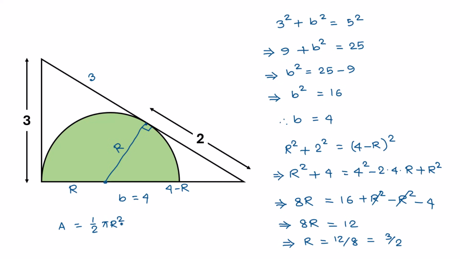Pi r squared is the area of the total circle, as this is a semicircle, so this half is equal to, substitute the value of r equal to 3 over 2 here, we can write 1 over 2 times pi times (3 over 2) whole squared, is equal to, this 3 squared is 9, so 9 pi over this 2 squared is 4 times 2, this is 8, and this is the area of this semicircle.